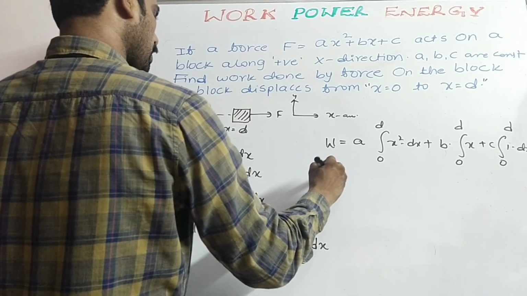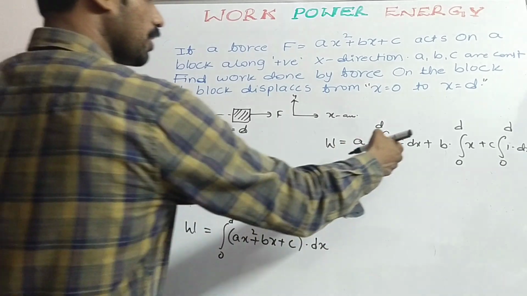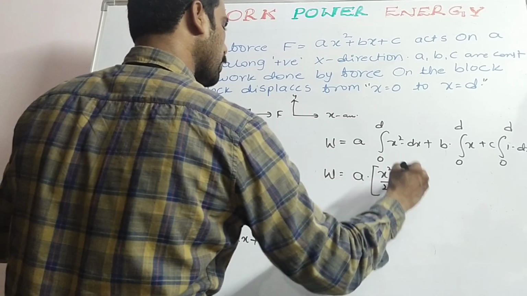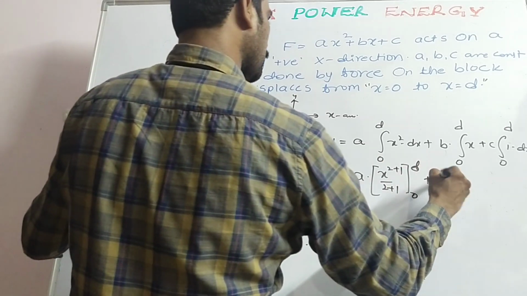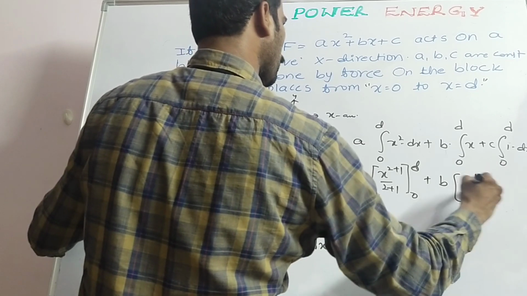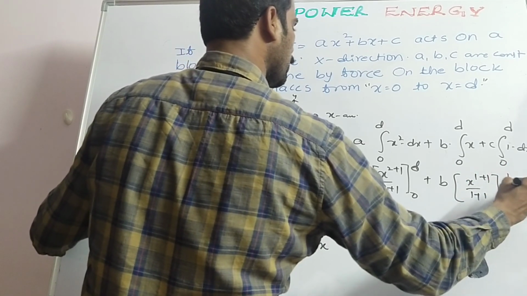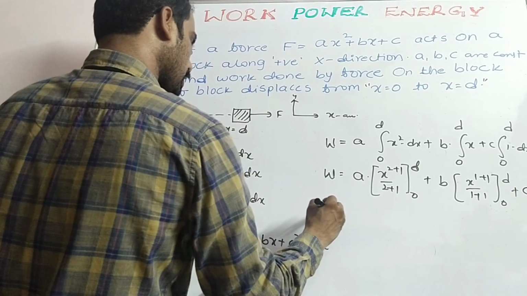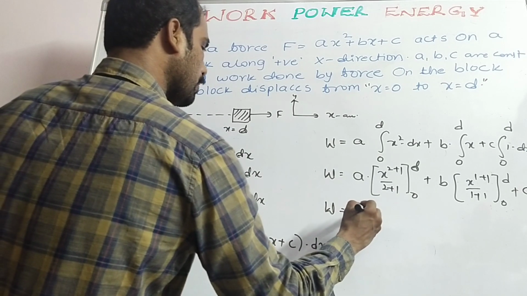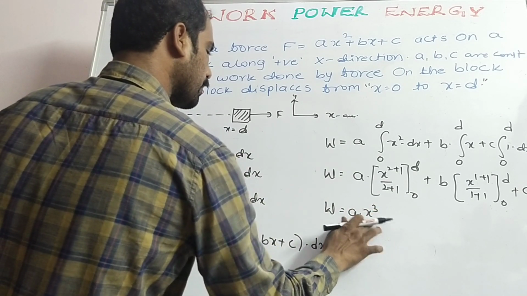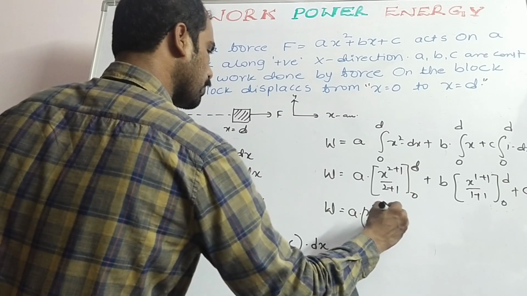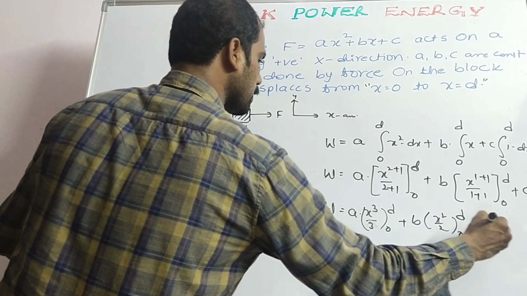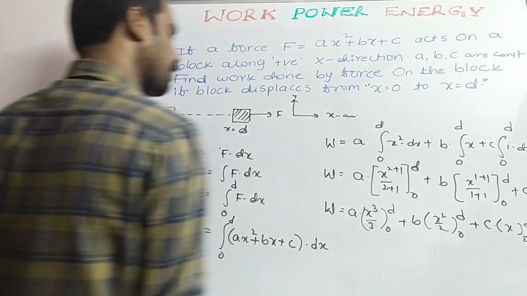Now it can be written as W is equal to a into x cube by 3, x power 2 plus 1 by 2 plus 1, of integration we can obtain from 0 to d, plus b into x power 1 plus 1 by 1 plus 1 from 0 to d plus c into x from 0 to d. Hence that is equal to a into x cube by 3 from 0 to d plus b into x square by 2 plus c into x from 0 to d.